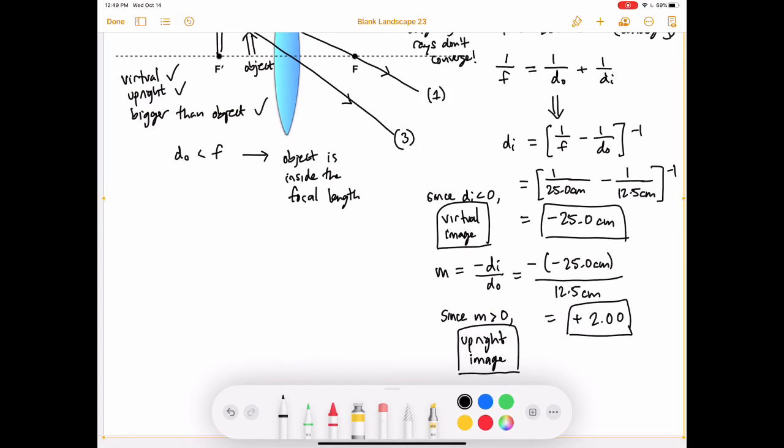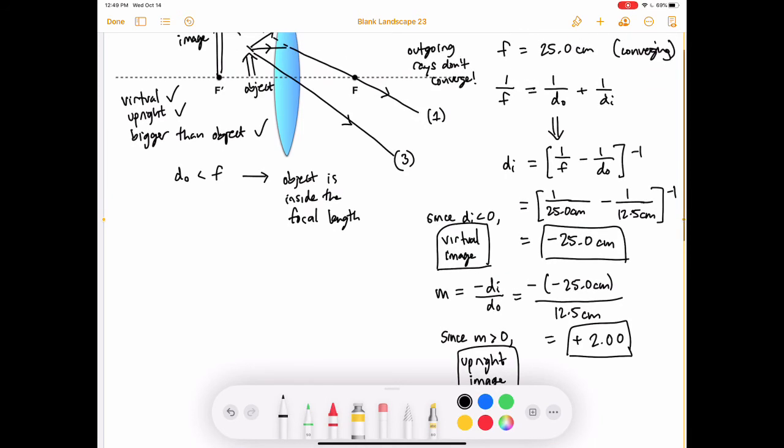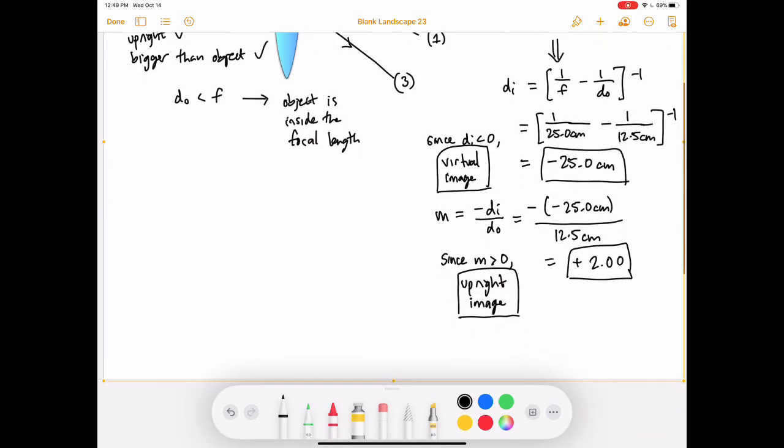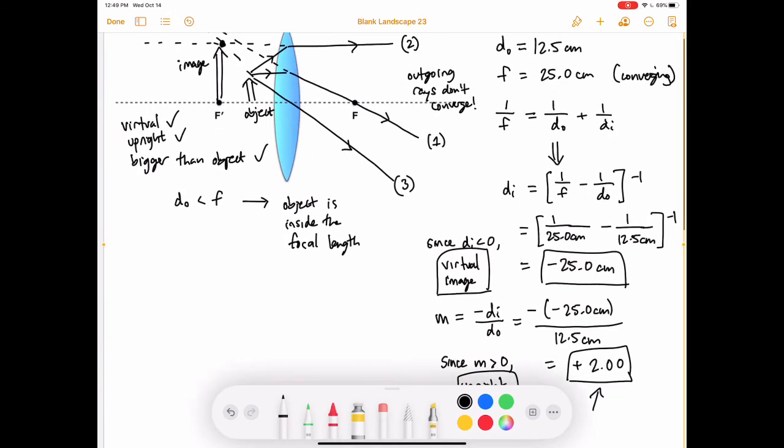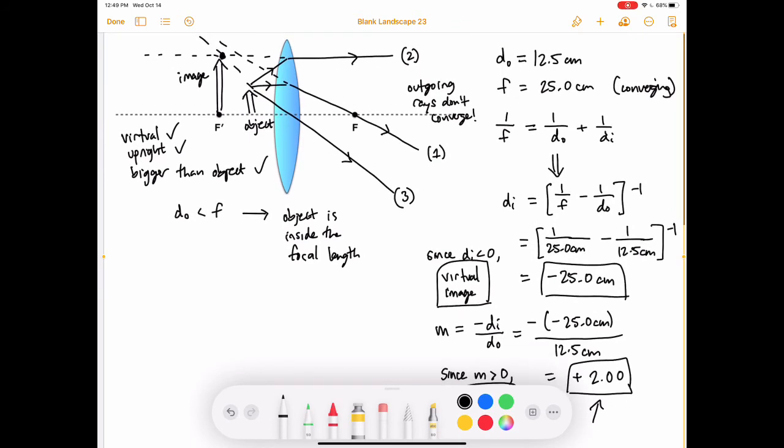Remember, we have a virtual image indicated by the negative image distance. We have an upright image indicated by the positive value of M. And also the magnification is 2. So that means the image is double the size of the object. So that's pretty much what our ray diagram is telling us.